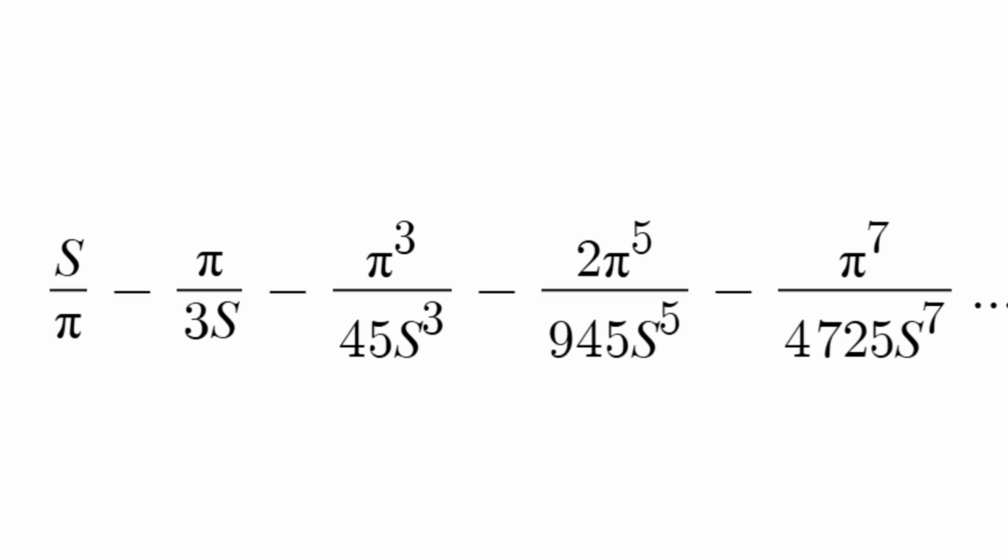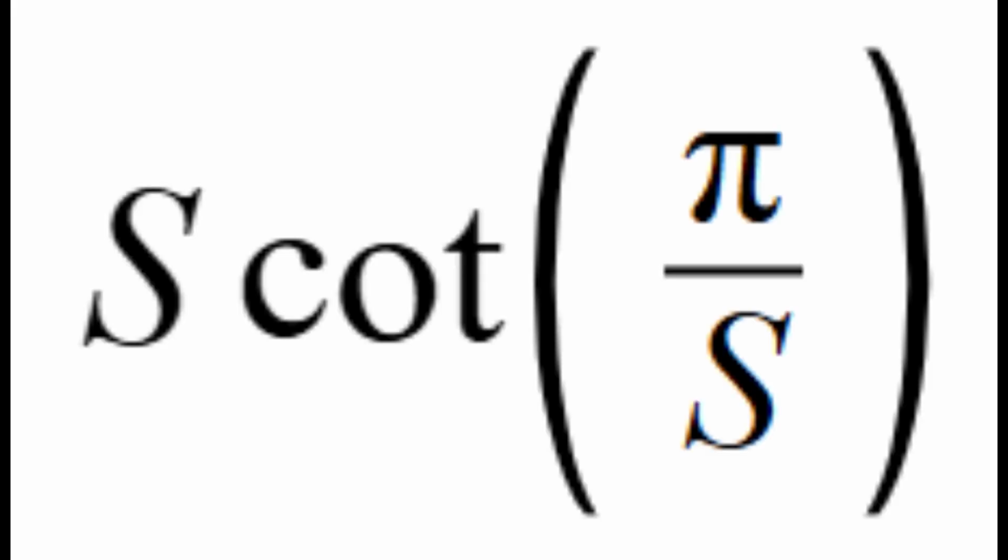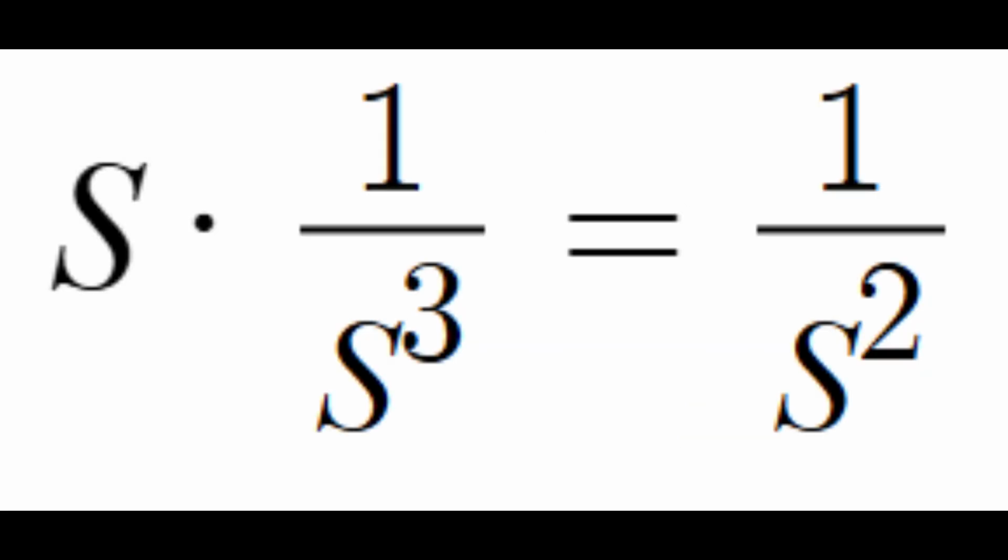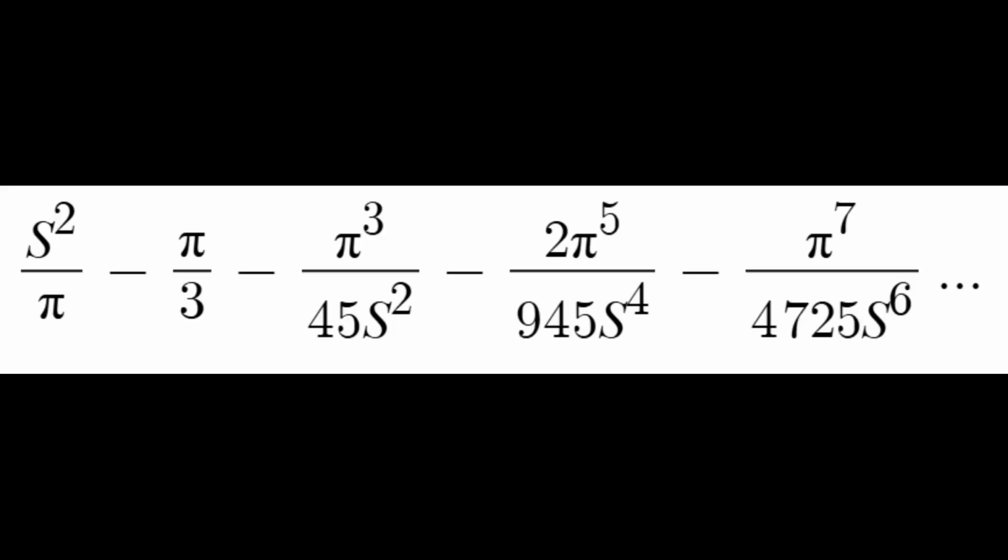But remember, our formula has s times cot pi over s, so we have to multiply everything by s, so every term gets one more s power, and we get s squared over pi minus pi over 3 minus pi cubed over 45s squared minus 2 pi to the 5 divided by 945s to the 4 minus pi to the 7 over 4725s to the 6, on and on.